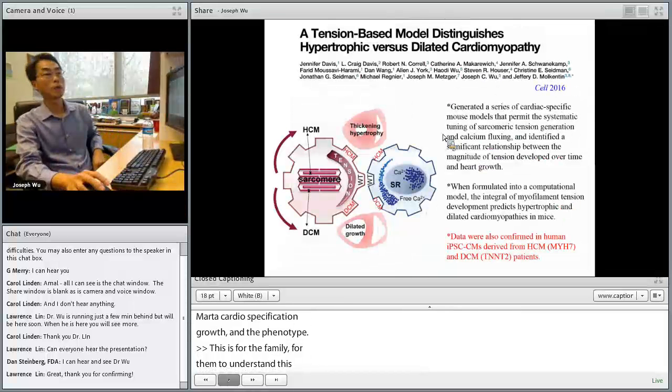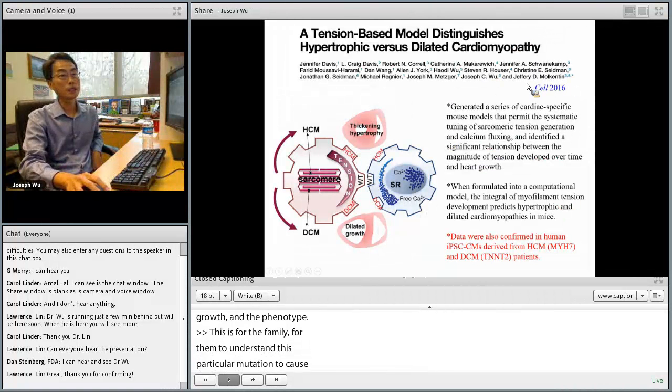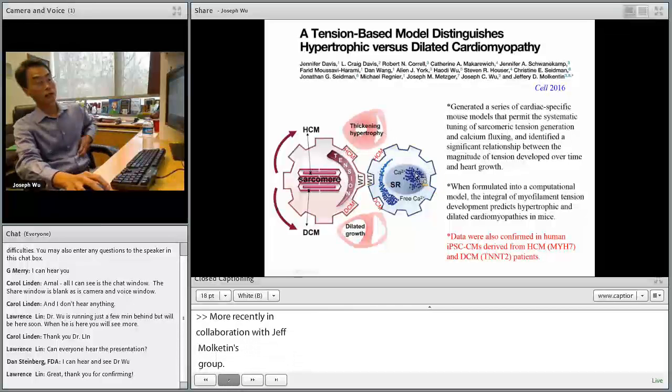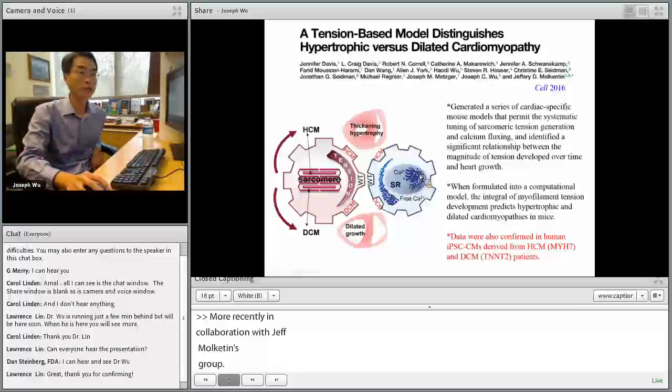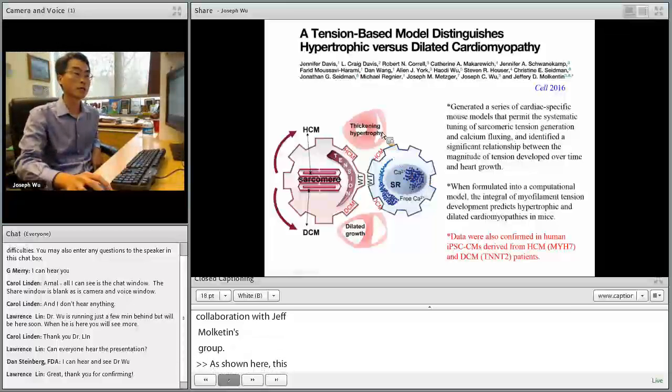And so more recently, in collaboration with Jeff Molkentin's group, he was able to generate a series of cardiac-specific mouse models that allow him to do systematic fine-tuning of the sarcomere tension, as well as the sarcoplasmic reticulum release of calcium, and this causes either a hypertrophic heart or a dilated heart.